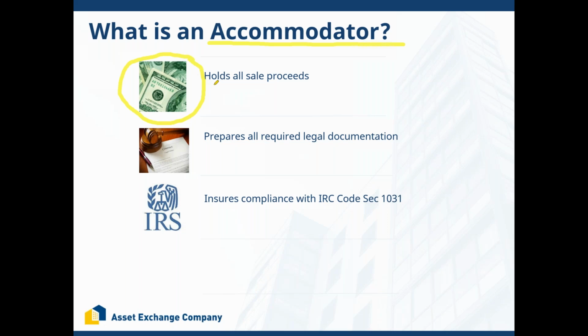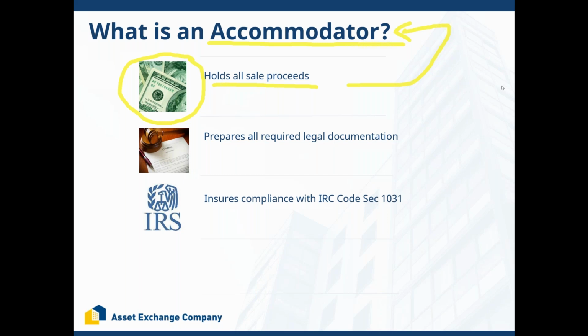So at the close of escrow, all of the funds from the sale of your property will get sent to the 1031 exchange accommodator, and those funds will sit in trust until you're ready to buy your replacement property to complete your exchange.